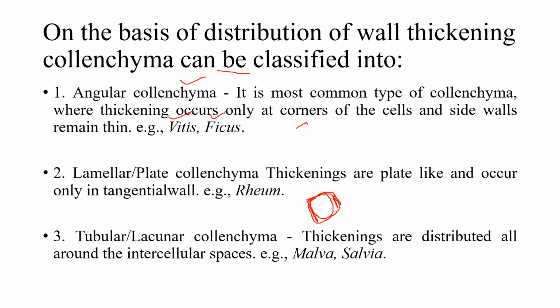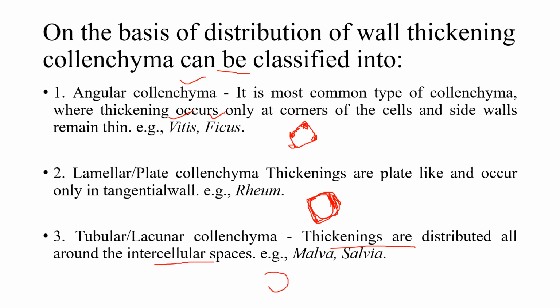But in the first one, the thickening is present only at the corner. But in lamellar or plate collenchyma, the thickening is found everywhere systematically.